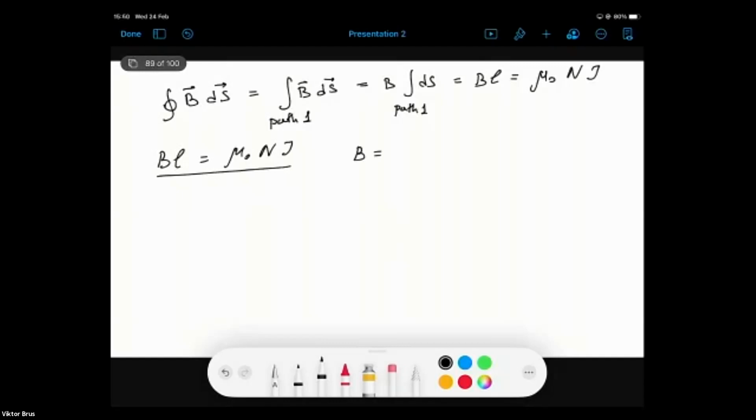So B is equal to mu naught N over L times I.